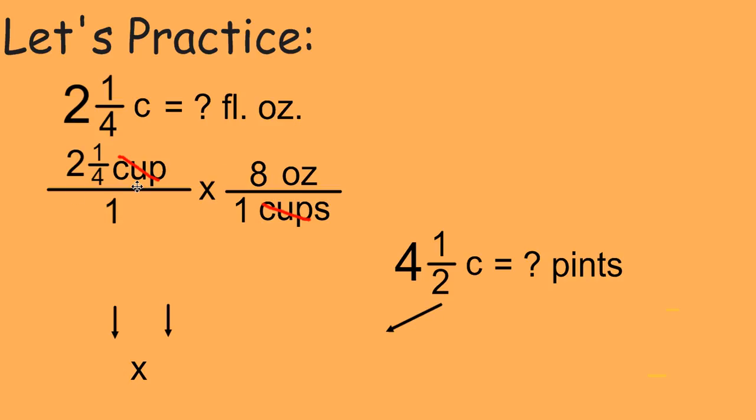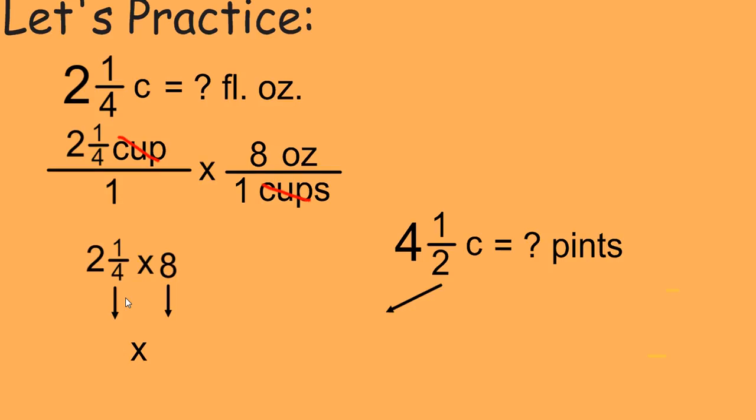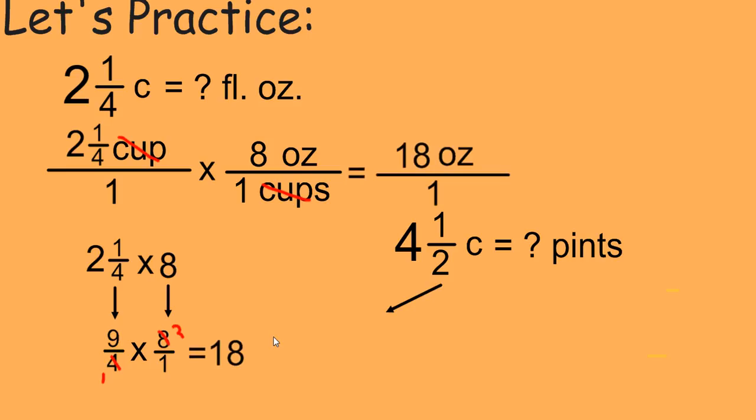So we have 2 1/4 times 8. First, we need to convert the 2 1/4 into an improper fraction. Also, convert 8 into an improper fraction. Cross cancel, and we can clearly see here that the 8 and 4 will cross cancel, leaving us with our answer, 9 times 2, which is 18 ounces.